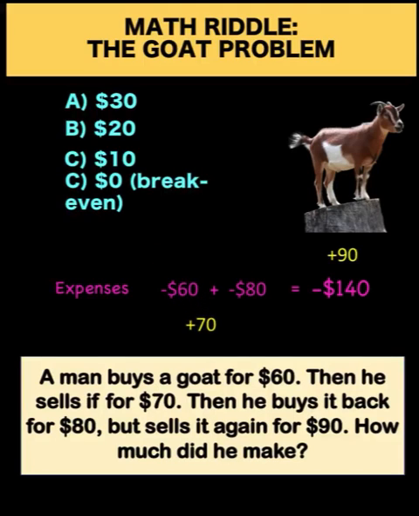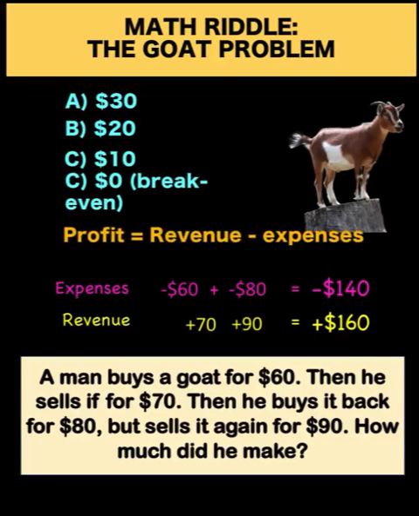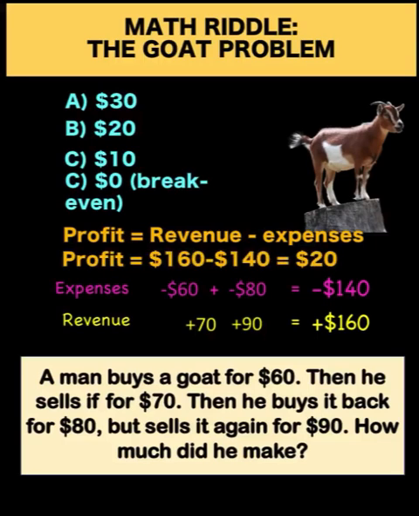And the second time he sold the goat, he sold it for $90. So there is a total amount of $160 for his revenue. And subtracting revenue minus expenses, that gives him the profit of $20. So the answer to this riddle must be $20.